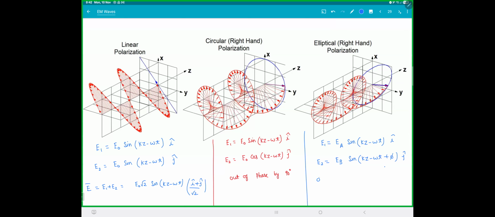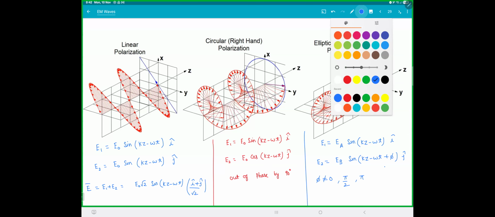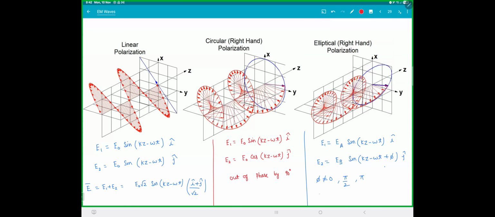So here phi must not be 0, otherwise it will become linearly polarized. It should not be 90, otherwise it will become circularly polarized, or pi or any other angle. So the phase angle must be any angle other than 90, or EA must not be equal to EB. If you satisfy any one of them, you will get an ellipse. Clear this?